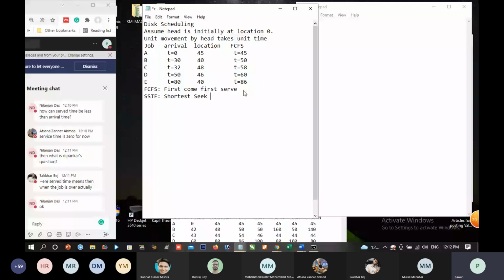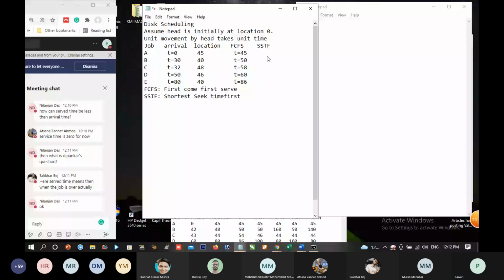Now, another method is not first come first serve. Initially we are at location 0. The first job comes at time t equal to 45. We shall be serving at the time t equal to 45 only.